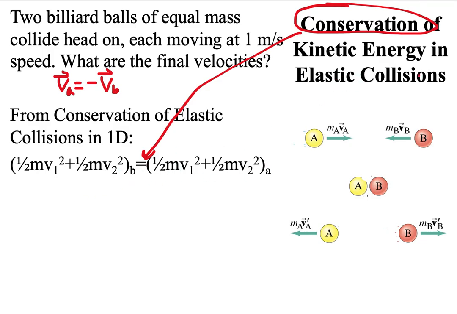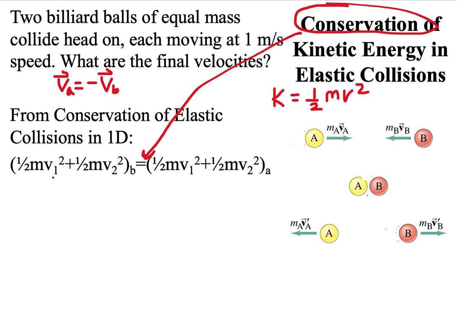Since we're looking at kinetic energy, and kinetic energy is by definition 1/2 mv squared, then we're looking for the kinetic energy of each ball before the collision and the kinetic energy of each ball after the collision. So in the before collision case, we have 1/2 mVA squared for ball A plus 1/2 mVB squared for ball B. I'm just going to replace the mass of ball A and ball B with just m because they're the same mass.